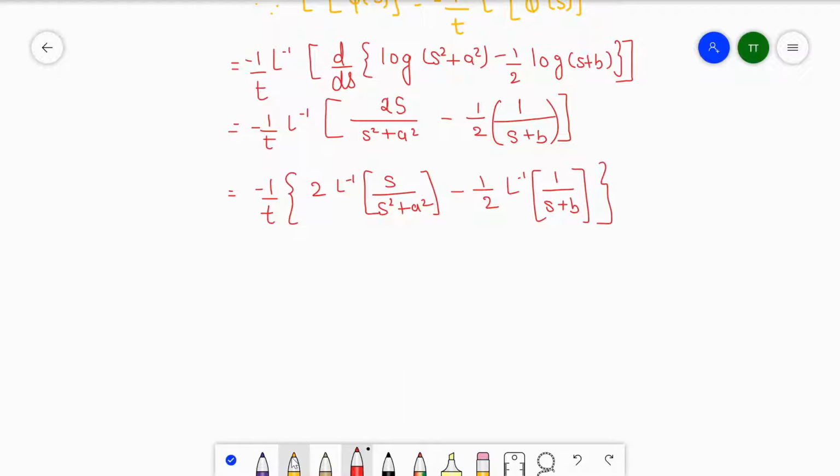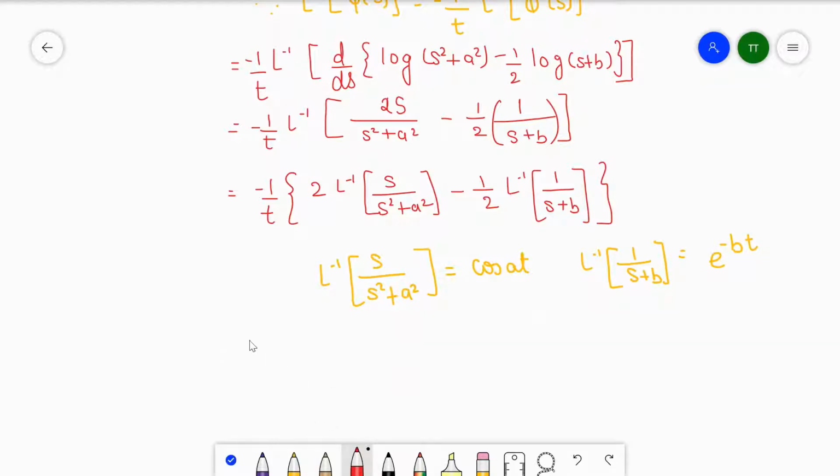Okay, and what is the standard formula? The standard formula: Laplace inverse of s upon (s square plus a square) is cos at, and the second formula is 1 upon (s plus b), which is equal to e raised to power minus bt, with constant term e raised to power minus bt.